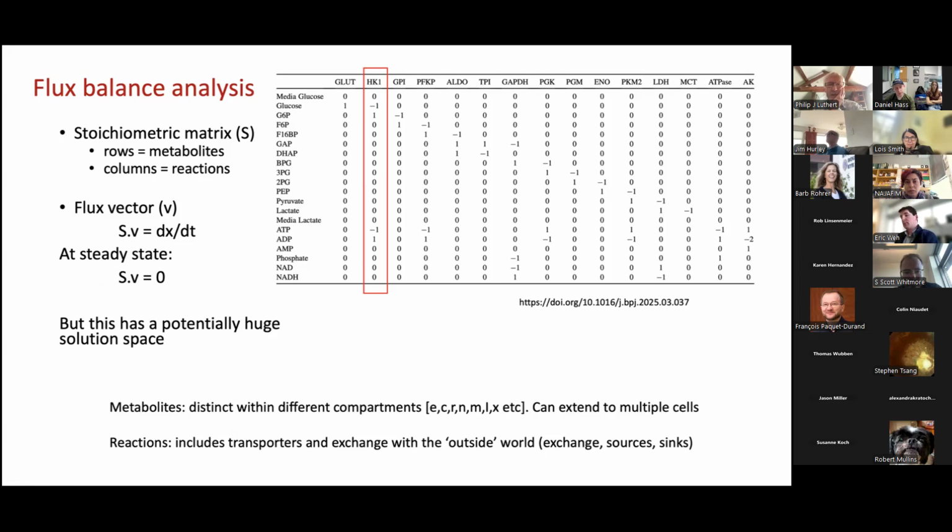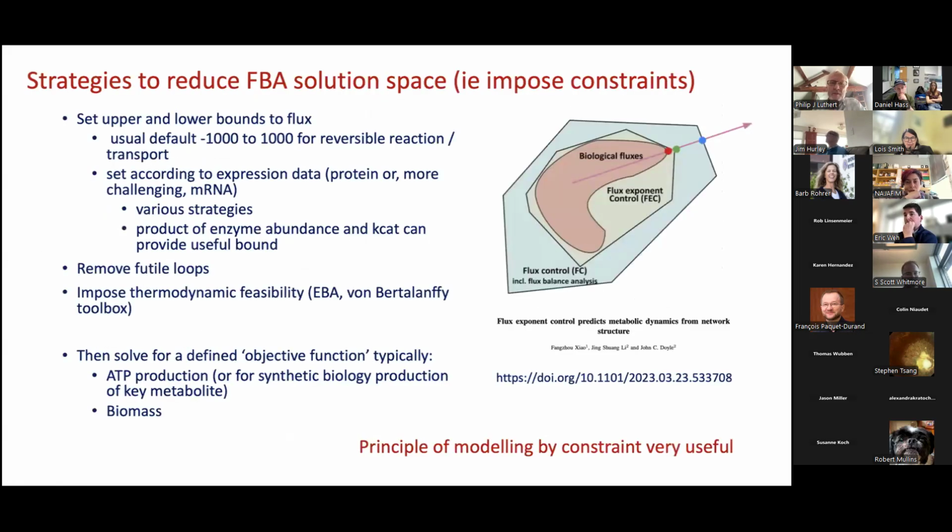But unfortunately, this usually has a potentially huge solution space. And so the art of flux balance analysis is to then reduce that solution space to a single answer. And there are a whole load of things that can be done, and usually many of them are done.